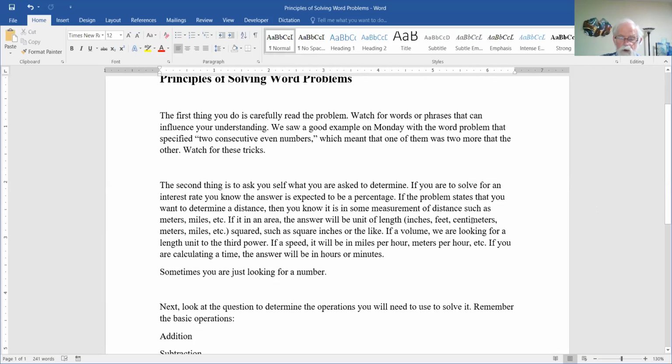Okay. If it's a volume, then you're going to have cubic units, raised to the third power. So the volume of a cube is always in inches cubed, feet cubed, whatever.